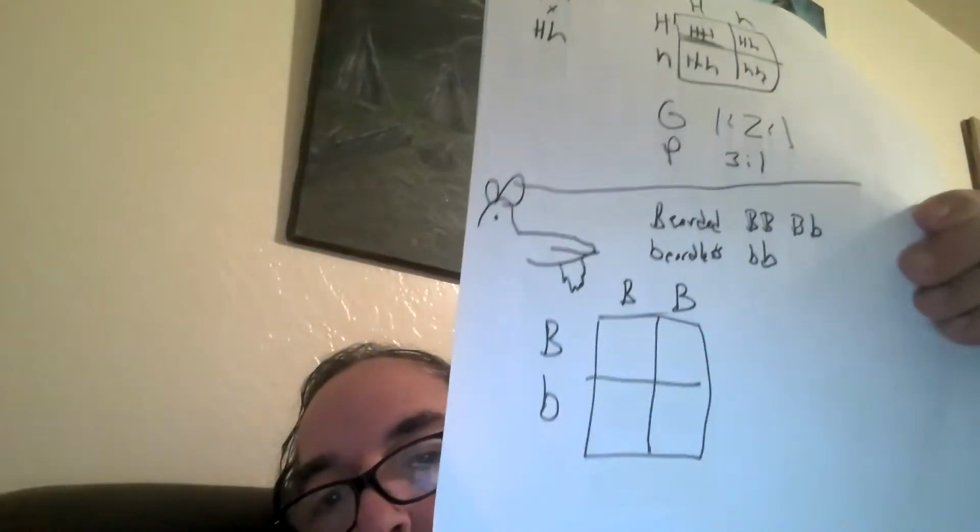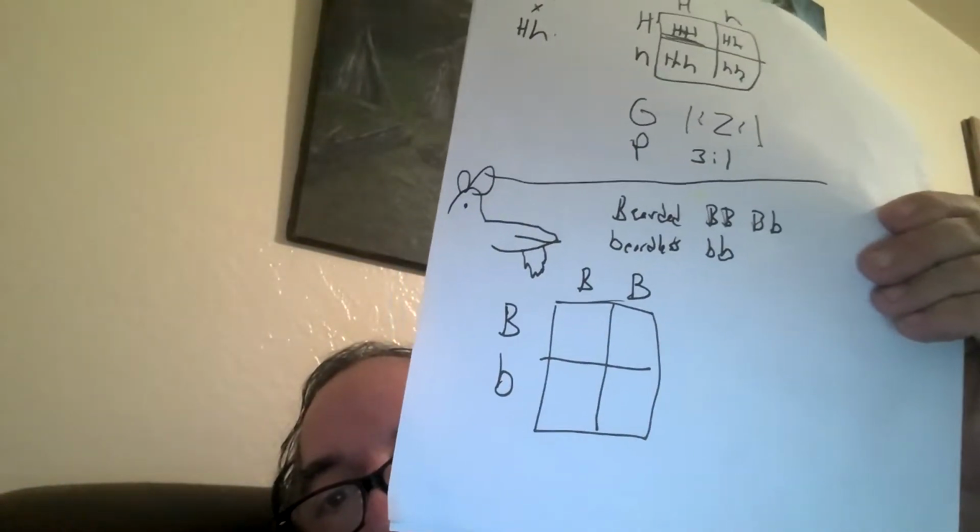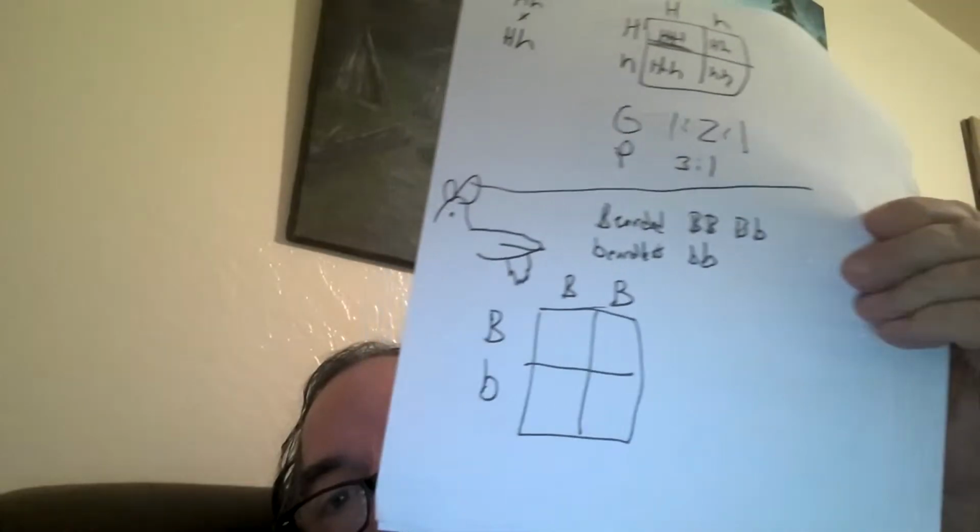With a homozygous bearded goat, big B. So our parents are going to look like that. Homozygous bearded on the top, heterozygous on the side in this case. So as we cross those, our top 2 goats are big B, and our bottom 2 goats are big B, little b.